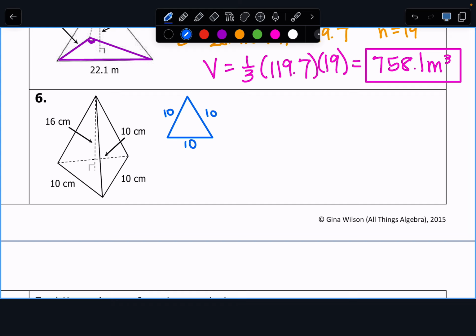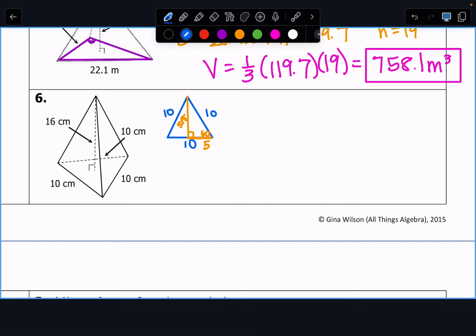How do I get the height? Split it in half. Okay, what is this angle right here? 60. So if this is 5, then this is 5 radical 3.